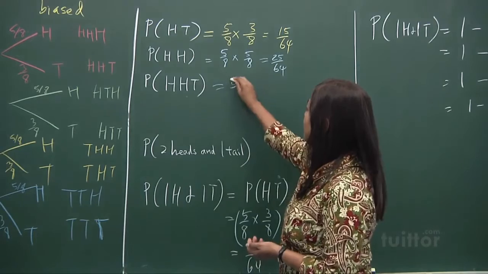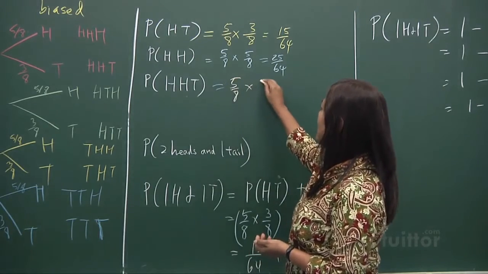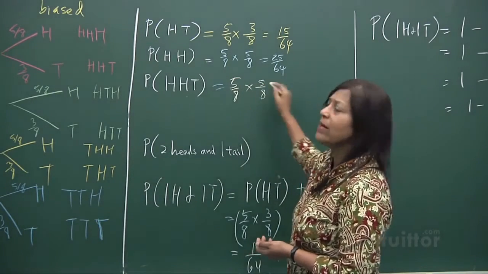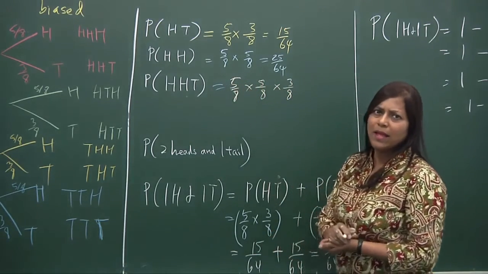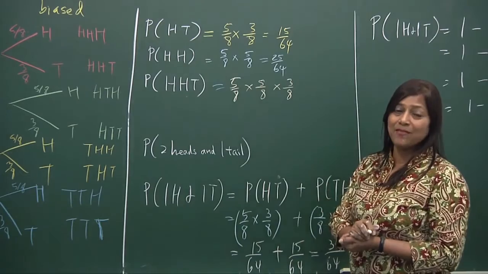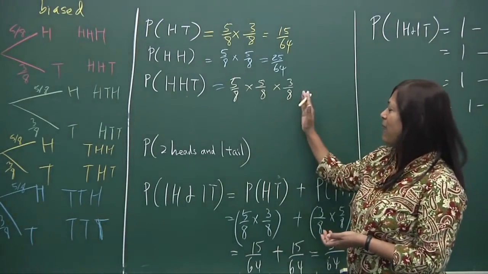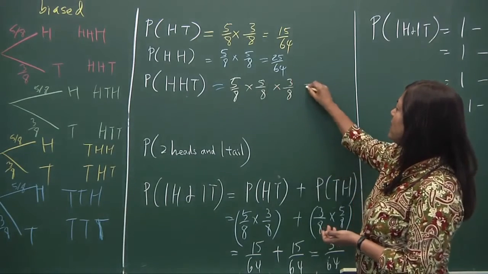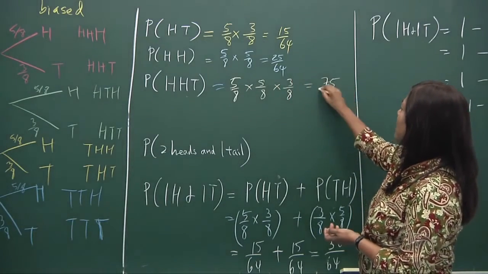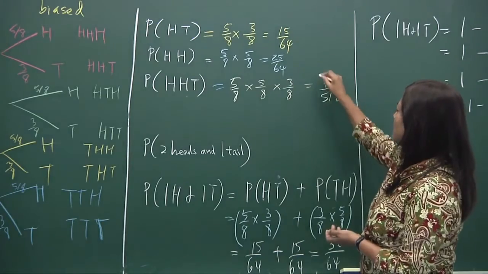What is the second head? 5/8. And what about the tail now? It is 3/8. So this is what we call an independent event. All right, we're multiplying them up. 5 times 5, 25, times 3, 75 over 512.